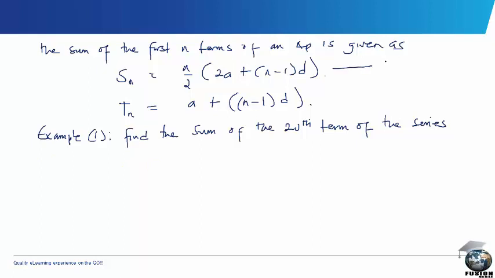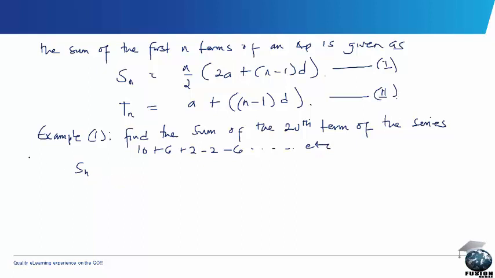The formula for the sum is in equation 1, and this is for the nth term in equation 2. We have to apply this formula Xn to the series 10 plus 6 plus 2 minus 2 minus 6, and it continues.